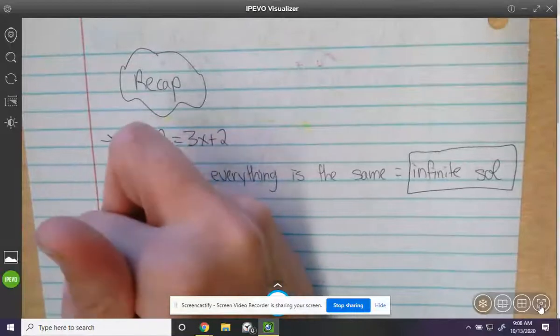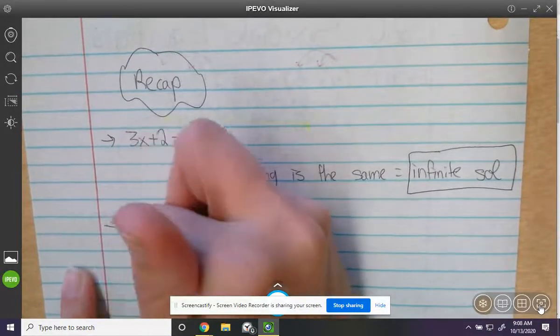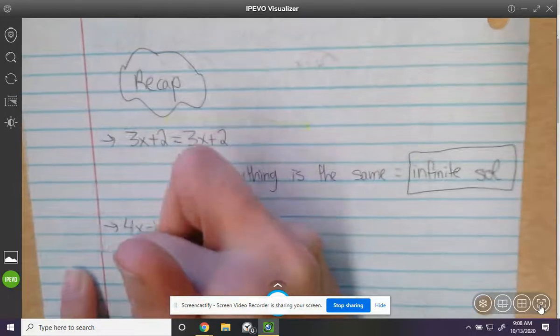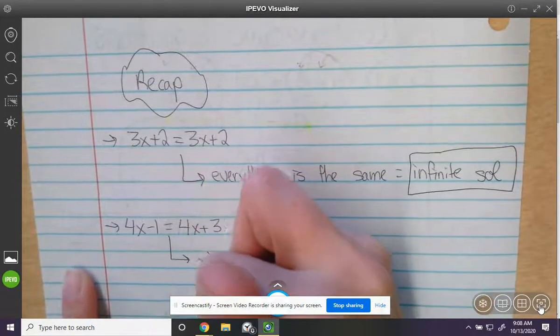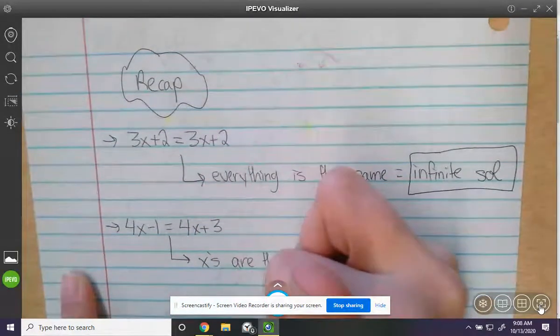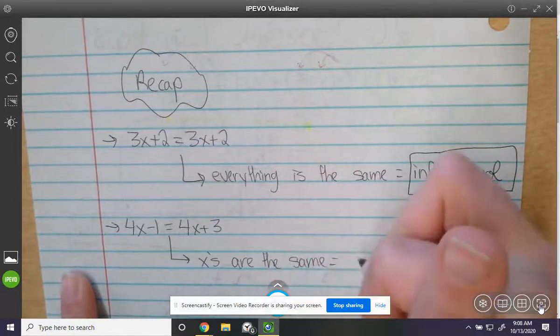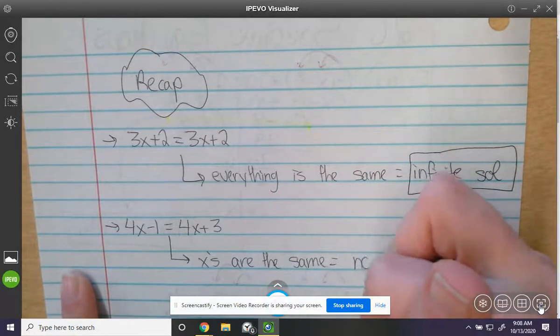Okay, if we break it down, we get 4x minus 1 equals 4x plus 3. My x's are the same, and my answer would be no solution.